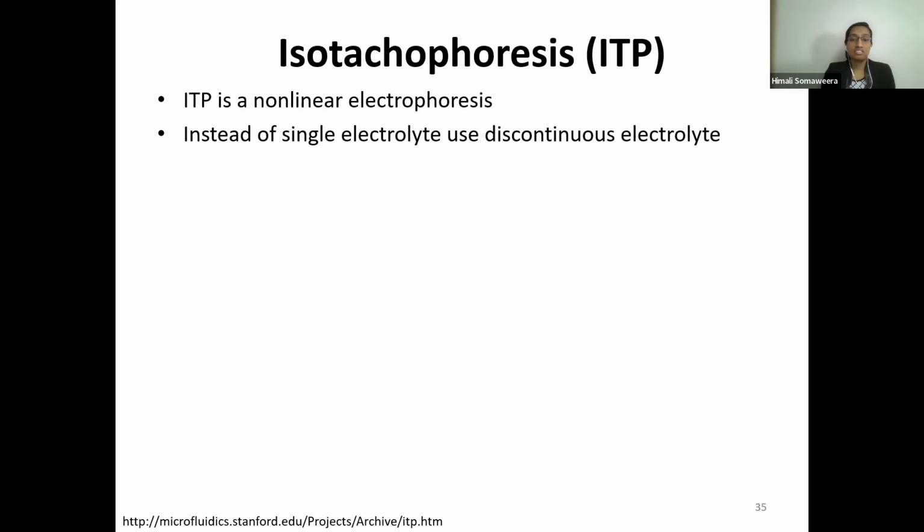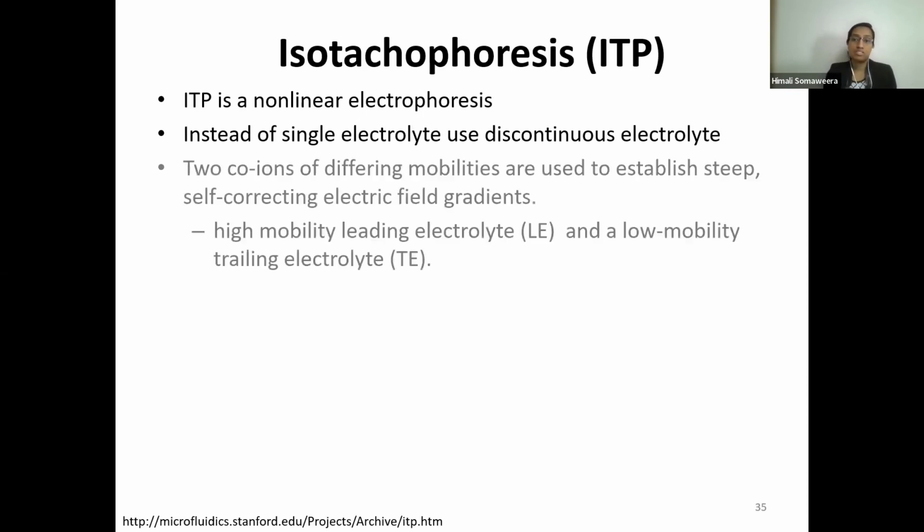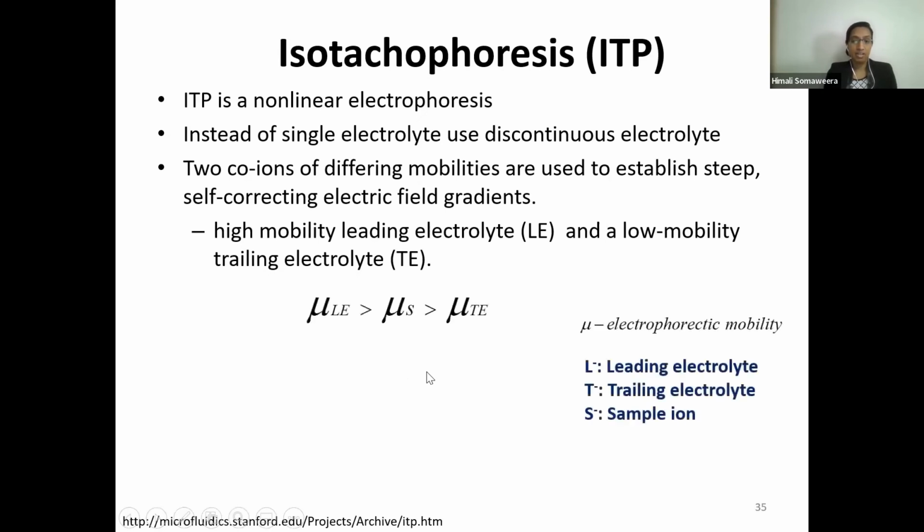So instead of the single electrolyte that we use in electrophoresis, isotachophoresis, or I can say ITP, uses discontinuous electrolytes. So there are two co-ions with different mobilities. One has a higher mobility and the other has a lower mobility. We call the high mobility one the leading electrolyte, and the low mobility one the trailing electrolyte. So LE and TE.